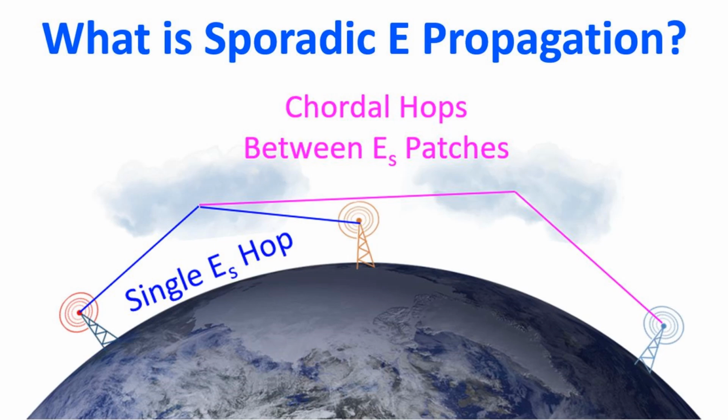It can be silent for months together and open up suddenly to give unusually long distance contact, making it the magic band. These are due to special propagation modes like tropospheric duct propagation, sporadic E-propagation, trans-equatorial propagation, and auroral propagation.